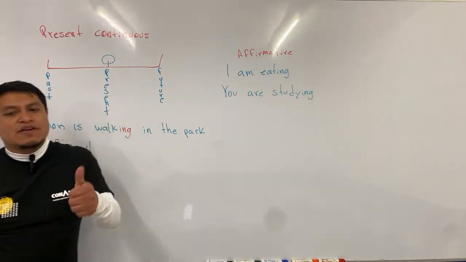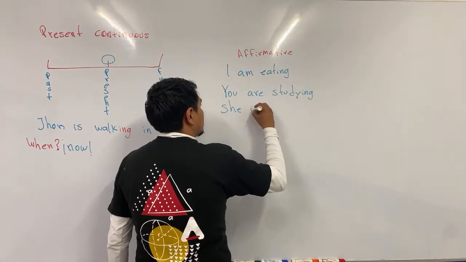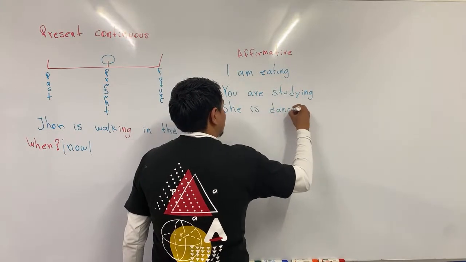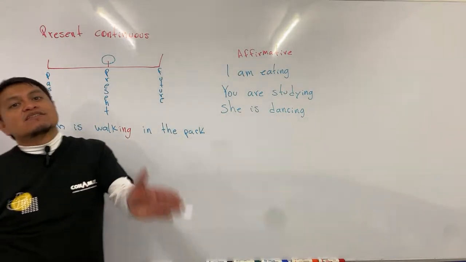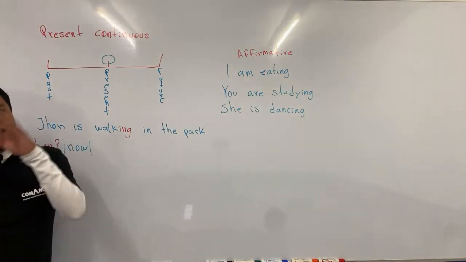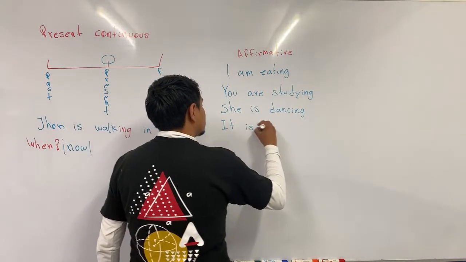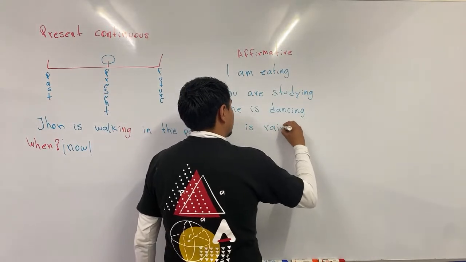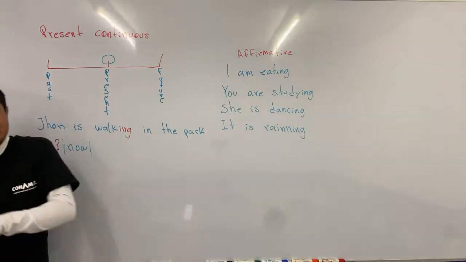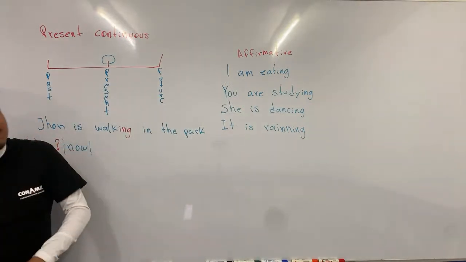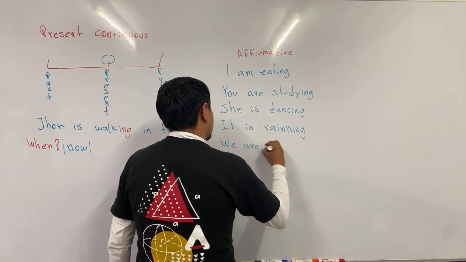Next subject, she is dancing. Right? She is dancing. Next example with this, it's raining. It is raining. Another example with this, we are speaking.